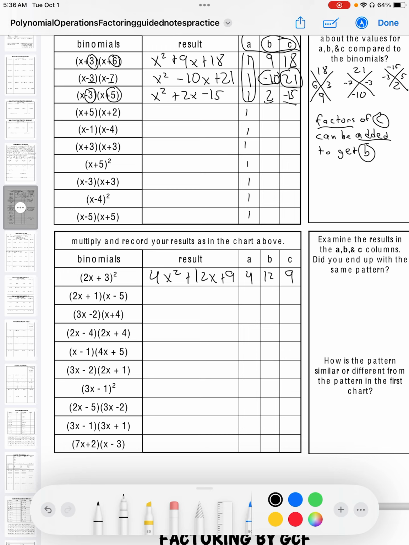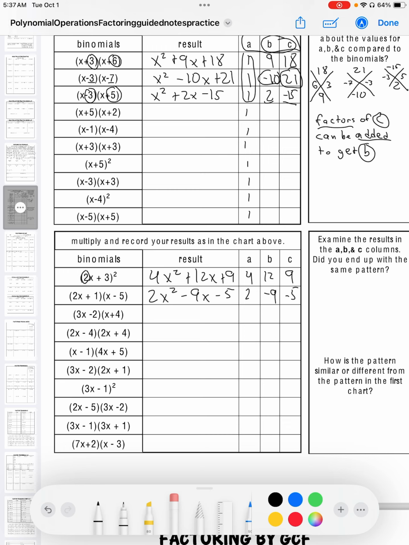A is what we get when we take the first number times itself, or in other examples, like for the next one we have, this would be 2x squared minus 9x minus 5, giving me 2, negative 9, and negative 5. That's my a, b, and c.